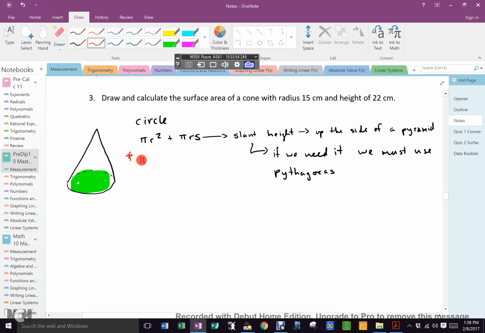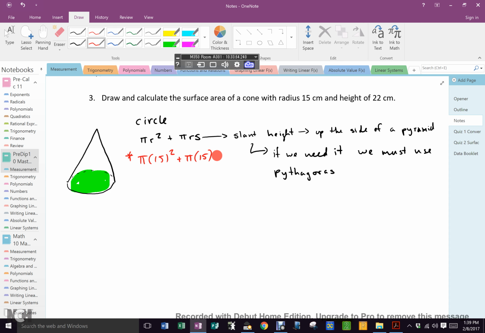I've got pi. Do I know my radius? Yeah, read the question. Radius of 15. So 15 squared. Is everyone cool with that? Okay. Plus pi again. We're going to leave it as pi. Radius 15. Now my slant height. Do I have a slant height?